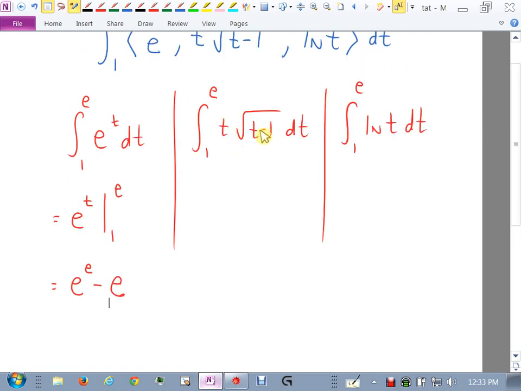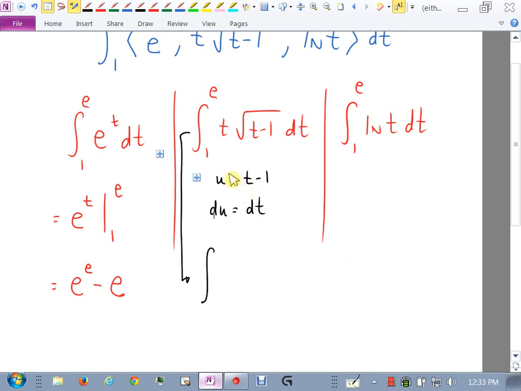How about this one? How are you going to integrate that one? Well, that's the question. Integration by parts might work. This one actually, the cleanest way is to just use substitution. And if you do that, we can rewrite this integral as what?